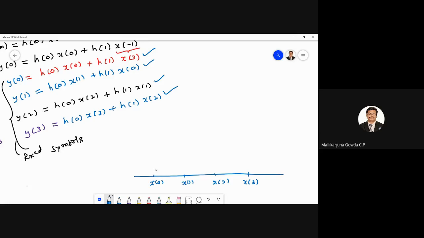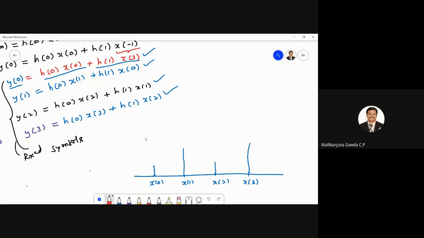Now when m is 0, that is y of 0, what we got is h of 0 into x of 0.